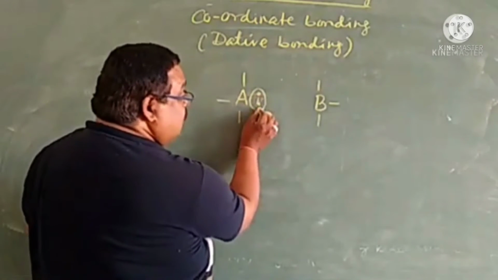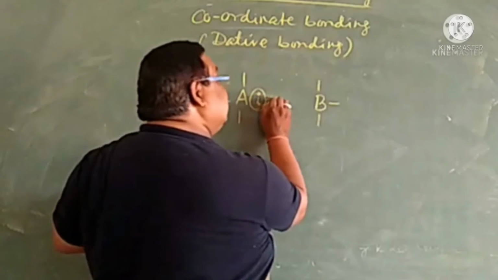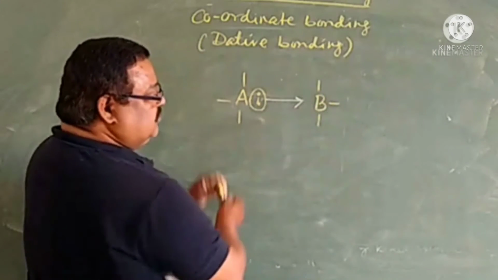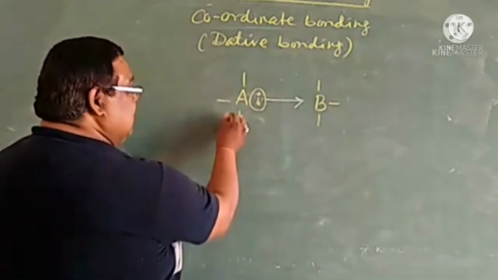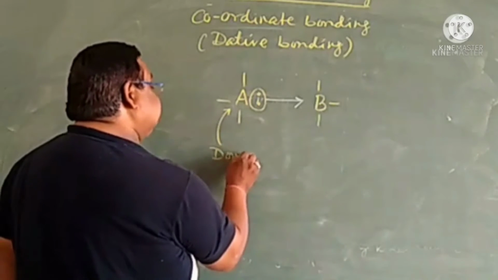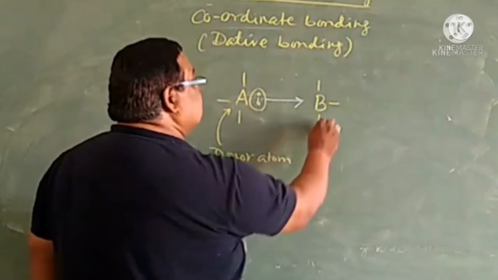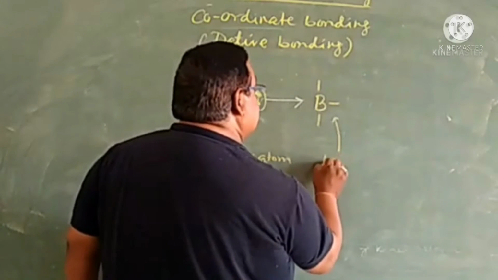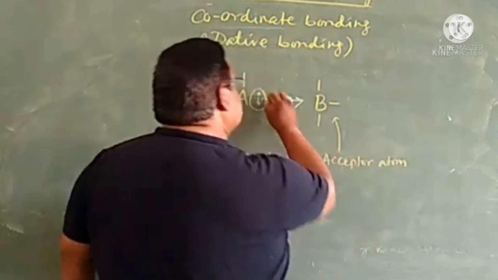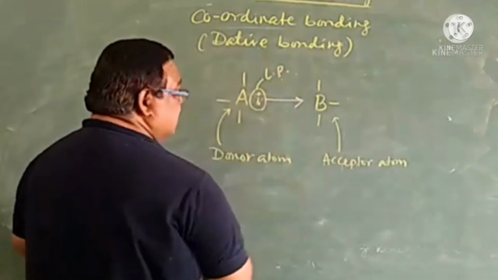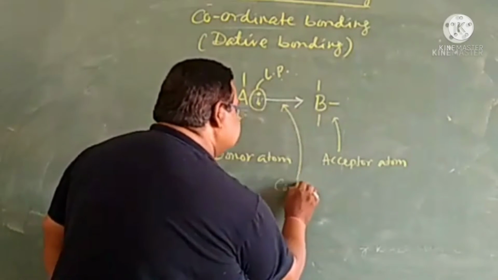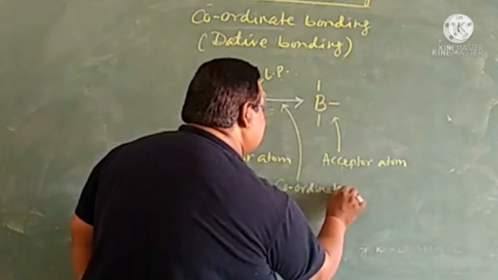So now what happens? This lone pair of electrons over atom A is partially shared with the atom B, and the bond formed is called coordinate bonding. Now the atom which donates its pair of electrons is called donor atom, and the atom which accepted it is called an acceptor atom, and this one is the lone pair of electrons, and this arrow is coordinate bond or dative bond.